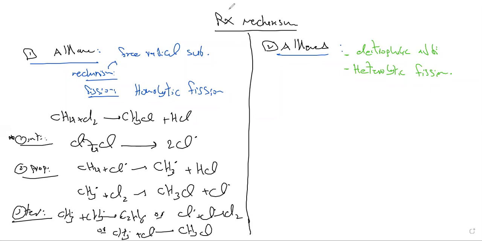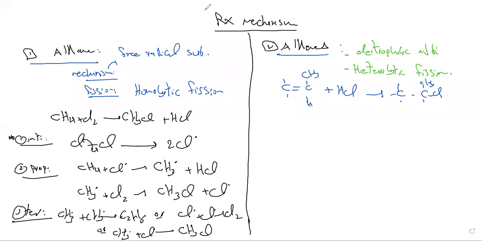Mechanism of alkenes, like CH2 double bond CH-CH3, reacting with HCl to form CH3-CHCl-CH3, to be like that.